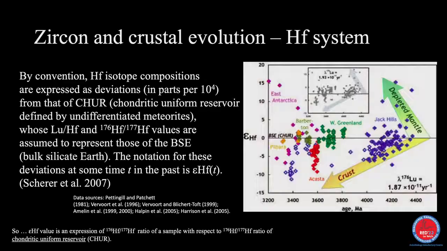So some of the points are close to epsilon hafnium 0, and maybe we may interpret it that the parental melts for the rock in which zircon crystallized, whatever the rock composition was, so probably silica rich, was derived from the mantle, so the original melt. But you know, the cloud here shows that the residence time of the Jack Hills crystals was quite long.